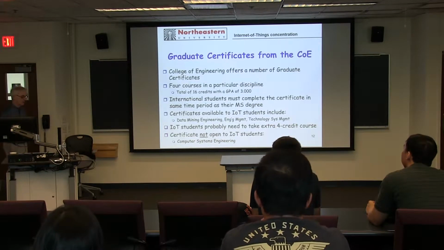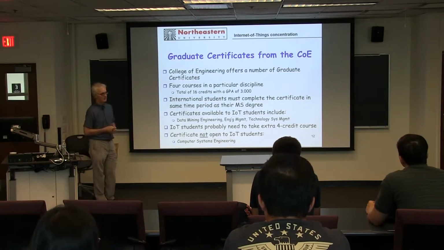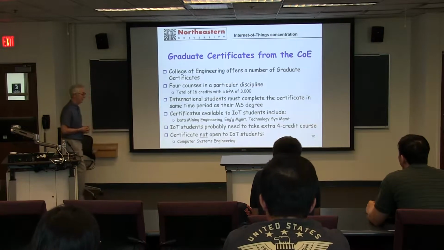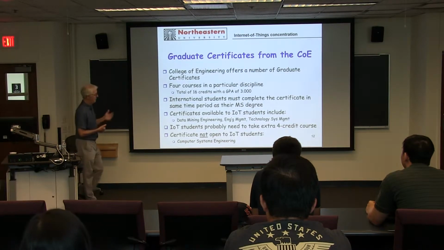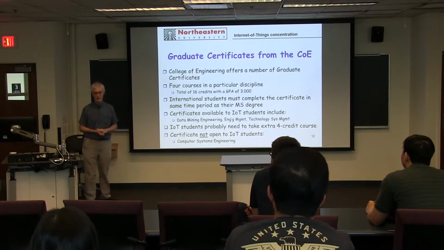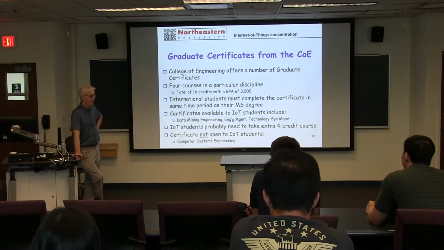Okay. The college also offers a whole bunch of different certificates. There's a whole range of them. I'm not going to go through them. They're on the graduate school website, I believe. If you get a certificate, you need to complete 4 specific courses, which are specified for that particular certificate.